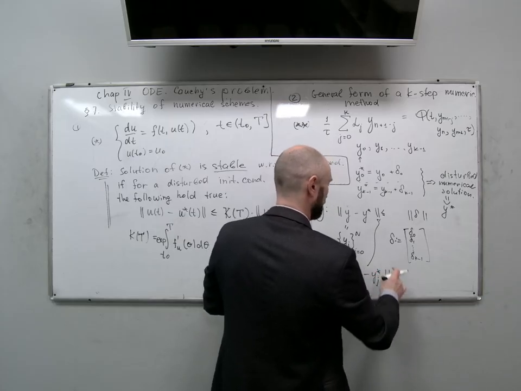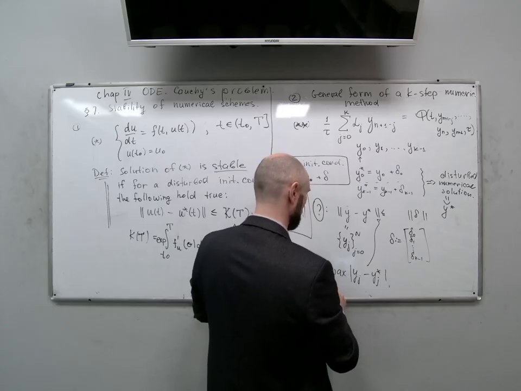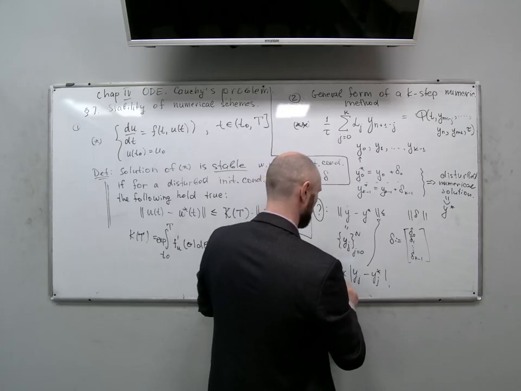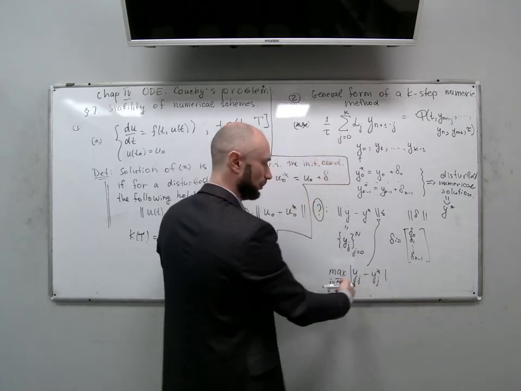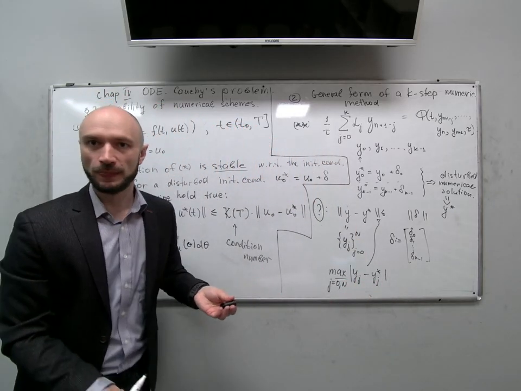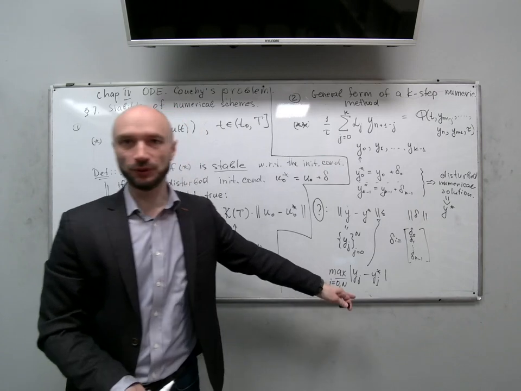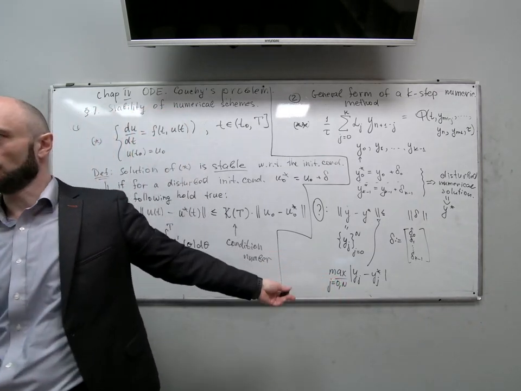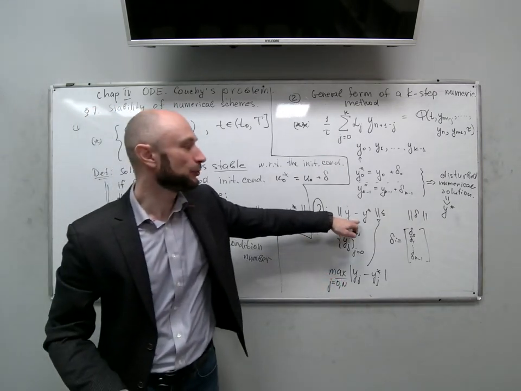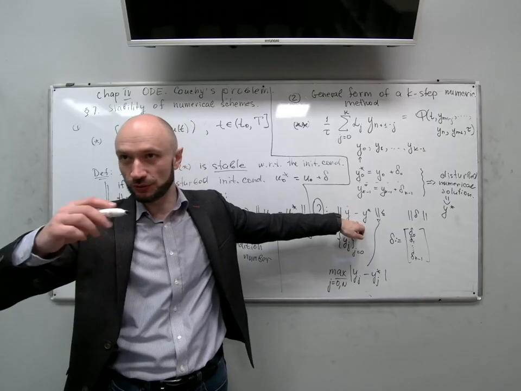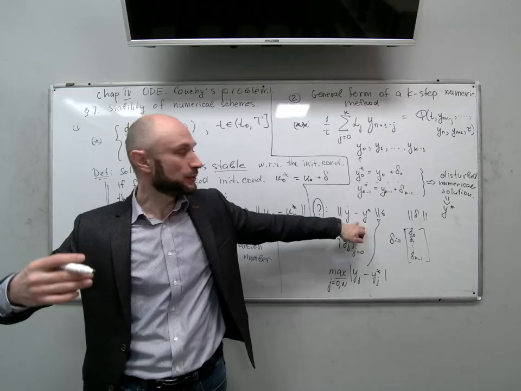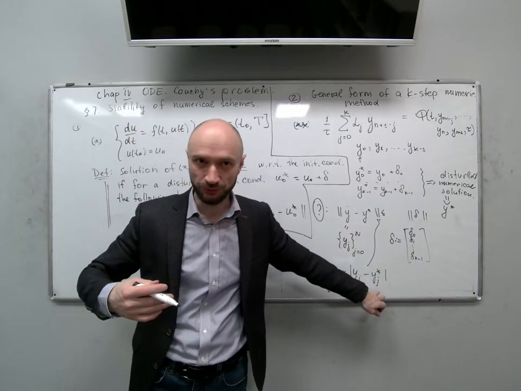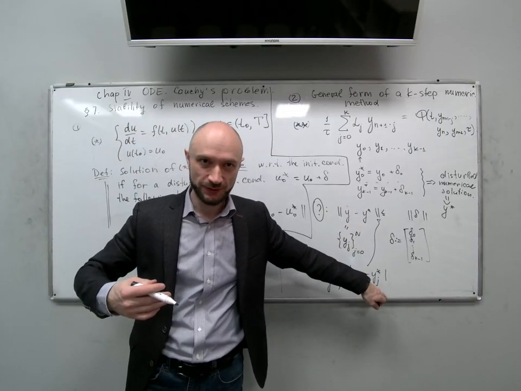I will write it down instead of saying it. From 0 to n. You can consider this norm, for example, corresponding to this formula. So it's going to be a maximum norm. You can also consider a Euclidean norm, which is square root from the sum of squares of all the components, component differences actually.